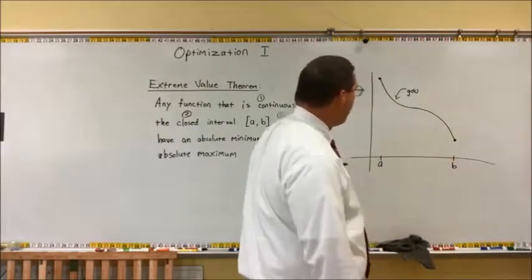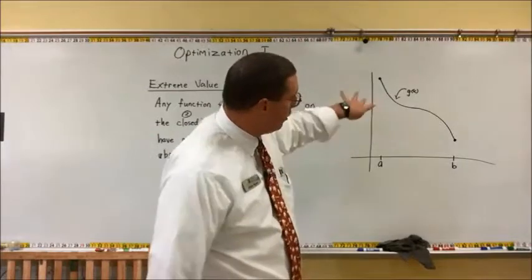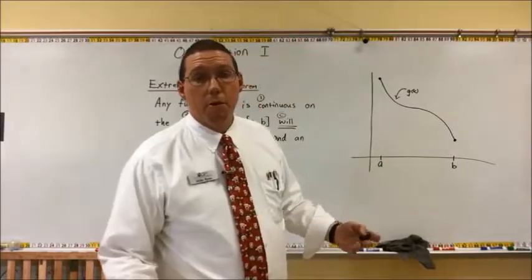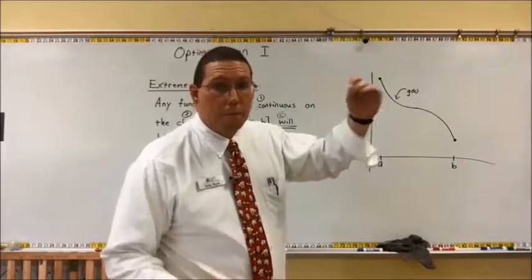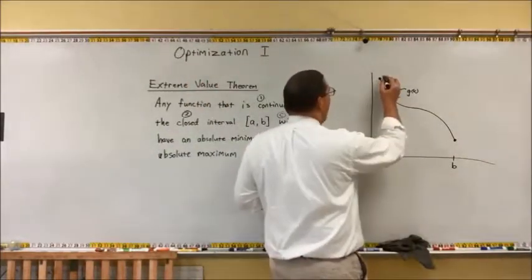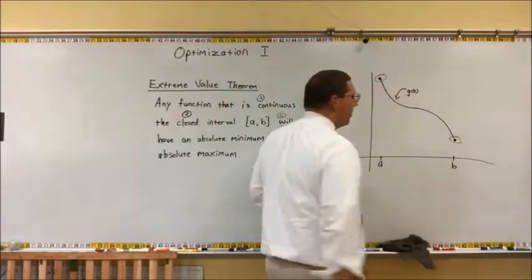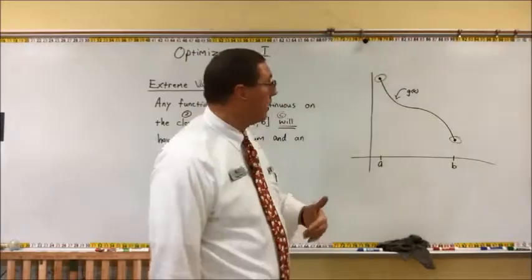And so what we're going to say is, by the extreme value theorem, this piece of this function between a and b must include an absolute maximum and an absolute minimum. Only in this case, the absolute maximum is at the end point, and the absolute minimum is also at the other end point, okay?